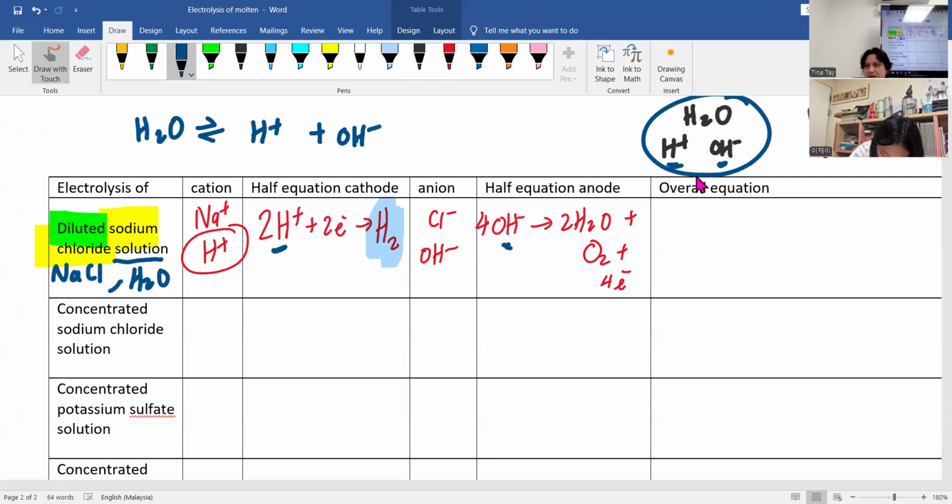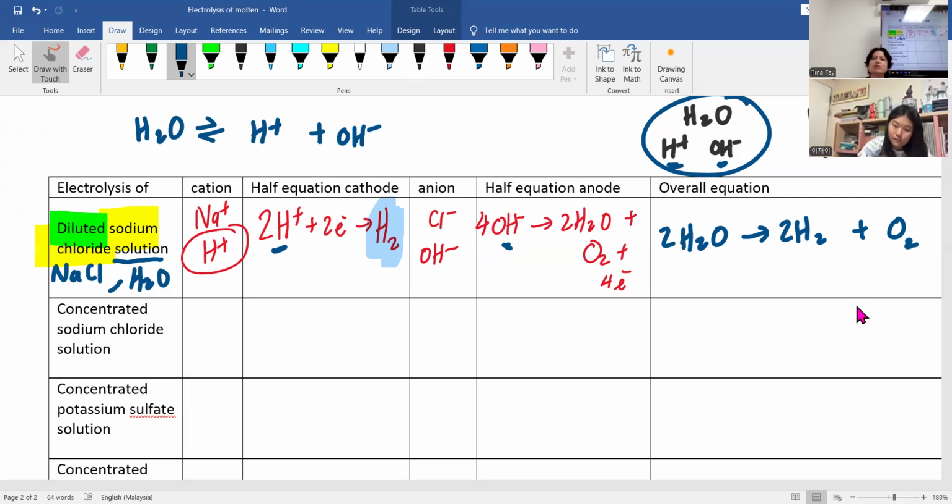Only this one reacted, right now. Did sodium or chloride react? No. So this is also known as electrolysis of water. How we get pure hydrogen from water. Understand? Can see or not? Hydrogen, hydroxide from water becomes hydrogen, oxygen.